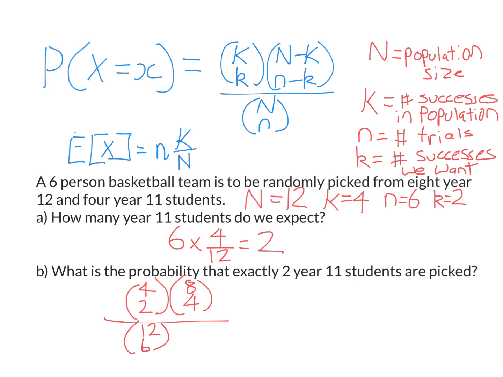So that's what we're doing. So using our calculator, 4 choose 2, 4C2 gives us 6. 8 choose 4 is 70, and 12 choose 6 is 924. So putting that on our calculator, we get 0.45 recurring. That is the probability that we will get exactly 2 year 11 students.